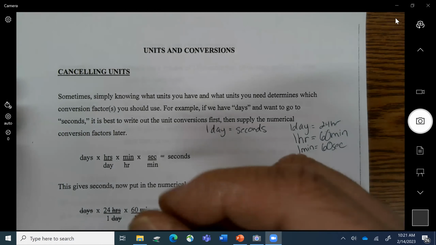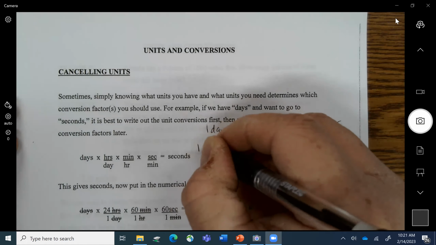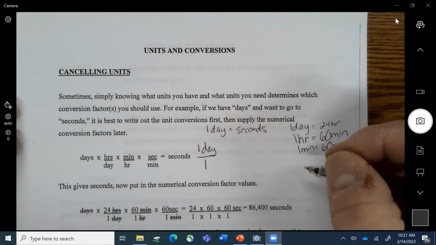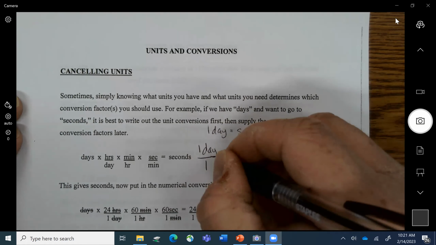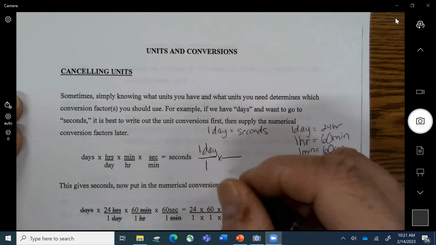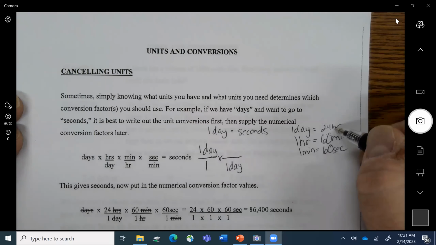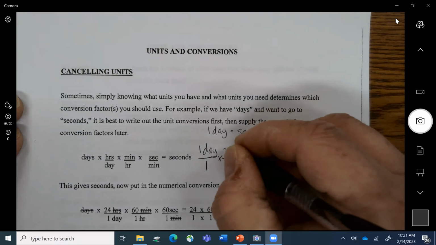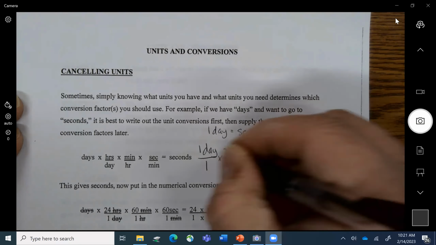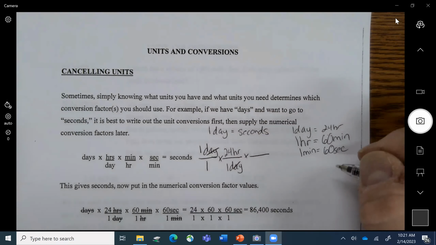All right. So I'm going to start with 1 day over 1. Well, if days are on top, where do days need to be to cancel? On the bottom. So the conversion factor that I know that has days in it also has 24 hours. So my days cancel. Now I'm at hours.